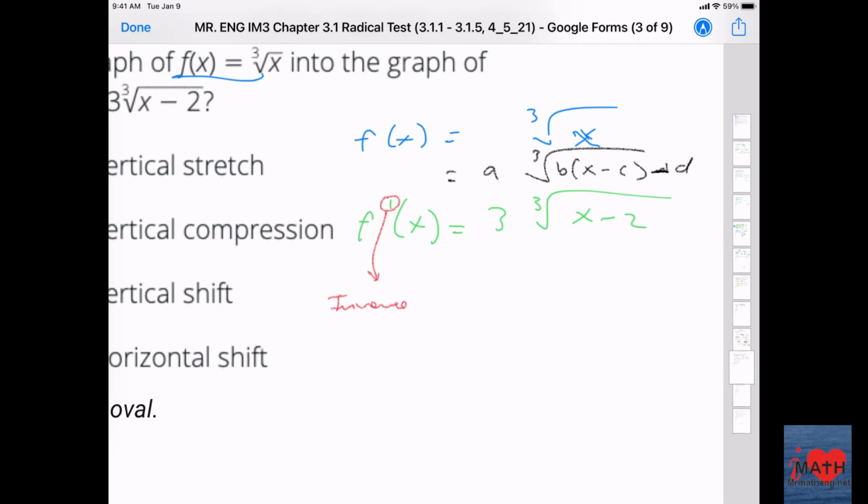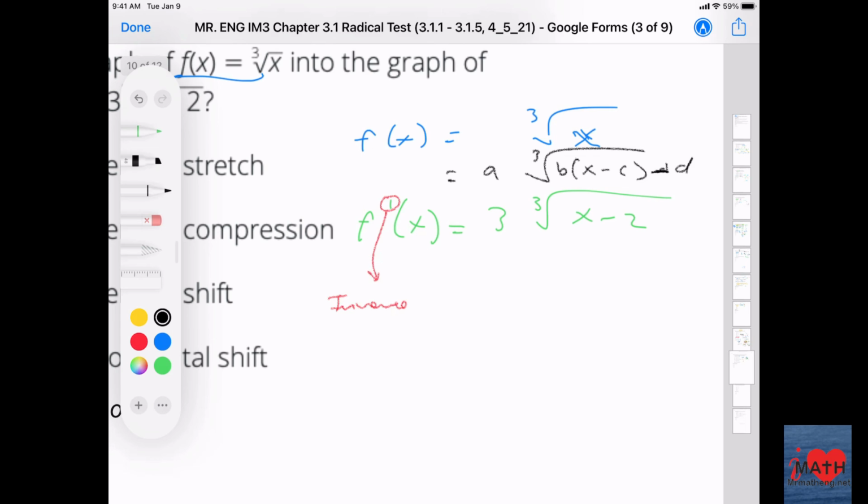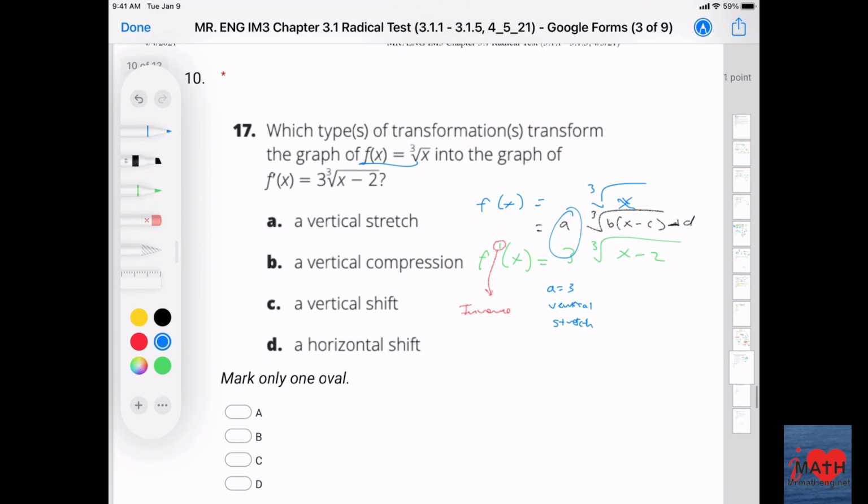Alright, so let's just look at the letters we have here. I have this a value, and this is a vertical stretch. How do I know it is a stretch? It's because the number is bigger than 1. If it's smaller than 1, like 1/2 or 1/3, it would be something called a compression. So that is the a value.